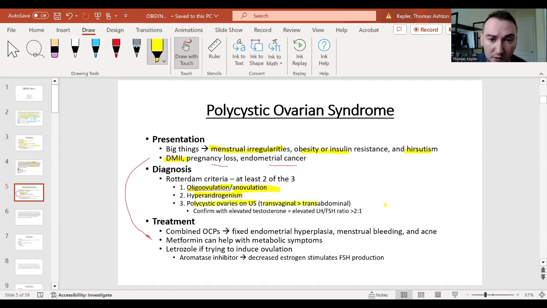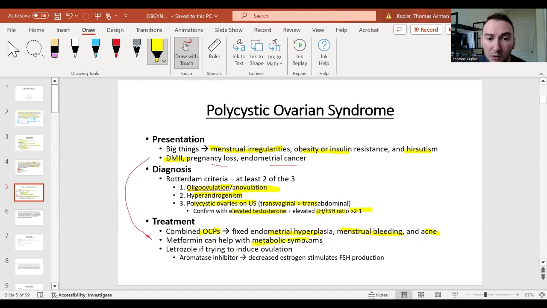Transvaginal is going to be much better than transabdominal, and you confirm this with an elevation in testosterone or an increased LH to FSH ratio greater than 2 to 1. Treating this, you're going to start with combined oral contraceptives. The combined oral contraceptives will also fix the endometrial hyperplasia, the menstrual bleeding, and the acne. So it'll decrease the amount of androgens that we're having. If we have fewer androgens, we're going to have fewer of these problems.